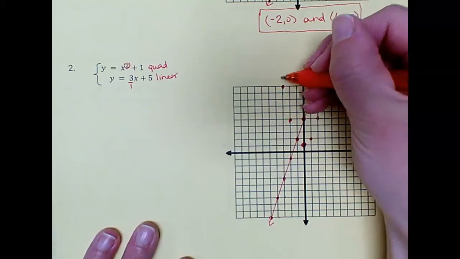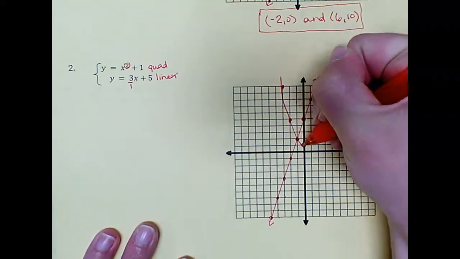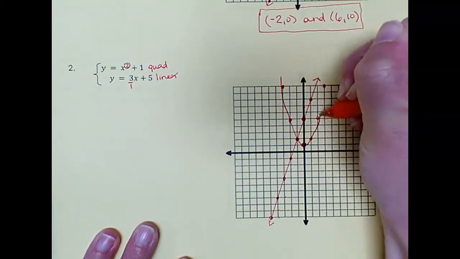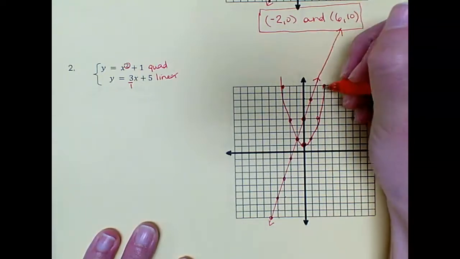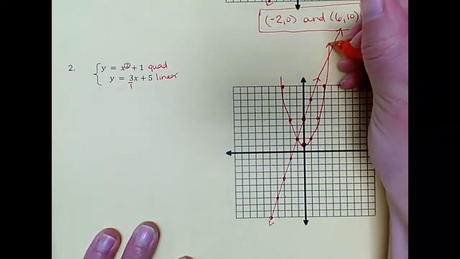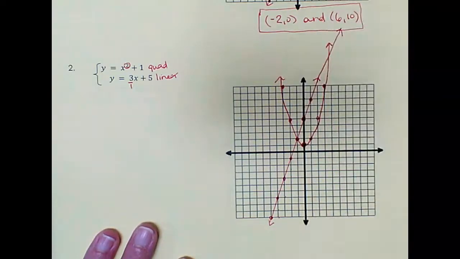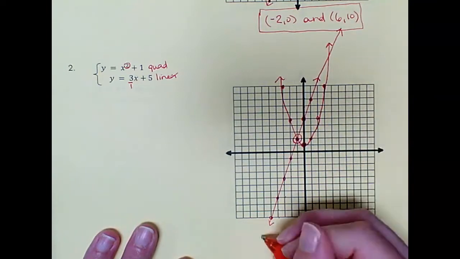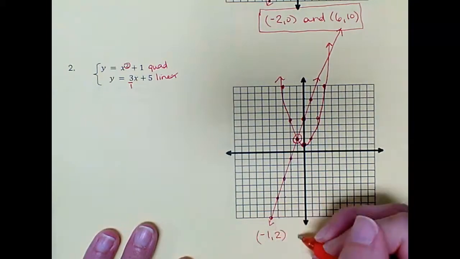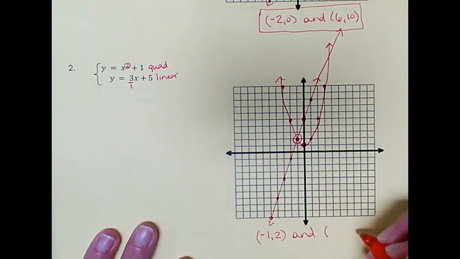Whenever I graph my parabola and I go up, this is going to continue, and this is going to continue. And so I know that one of my solutions is here, -1, 2. But I know that there's going to be another one.